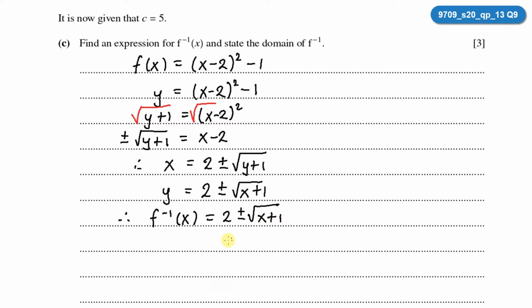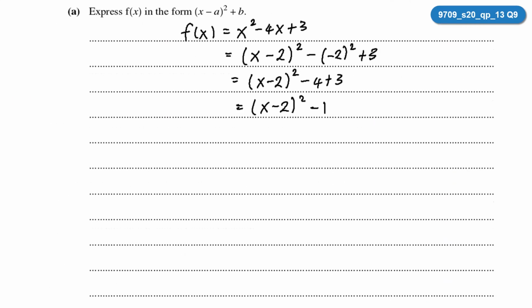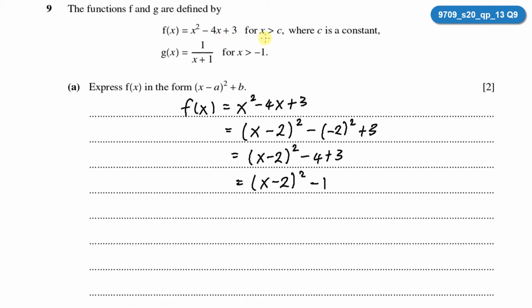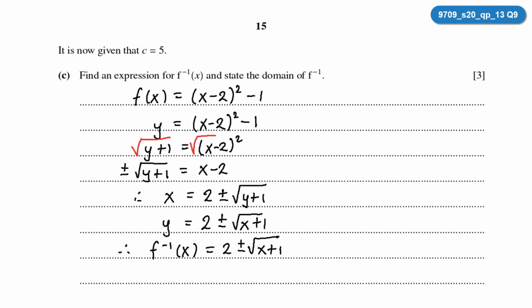But now you need to understand something. From the question here, the function f of x is defined for the domain x is greater than c. So let me take this here because it's important. So this is the function right here. And on this part, they say it is now given that c is equal to 5. So it means that the domain is now x is greater than 5.